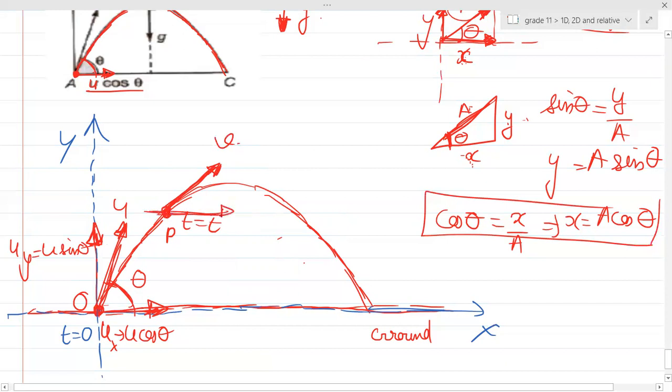So let's say here at t equals to t second, the object reaches over here at point P. So let's say the velocity x component is vx and y component is vy. Let's say this angle is phi.